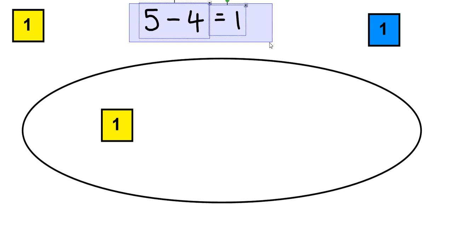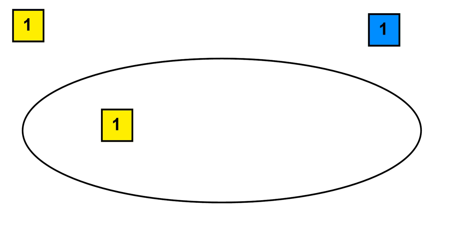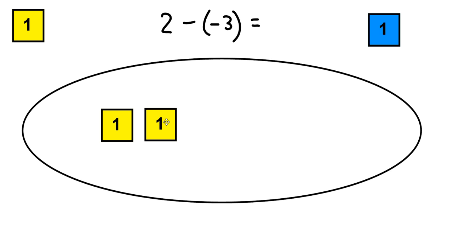So what happens when things change? What happens when we're trying to do 2 minus negative 3? Well, that means that we have 2 in the play area. That's what's in the play area.